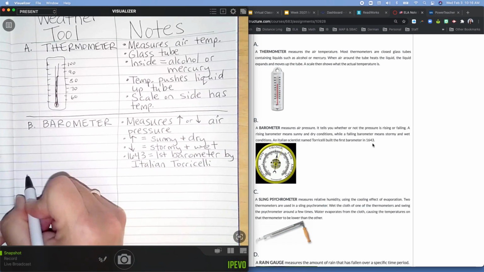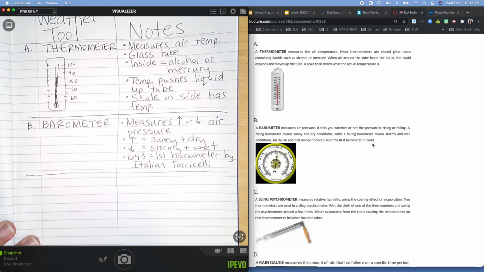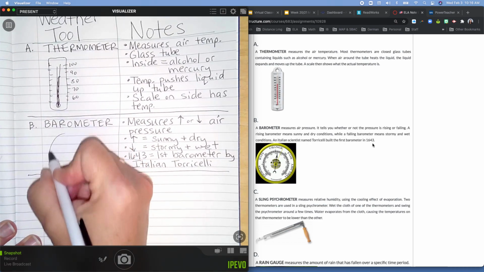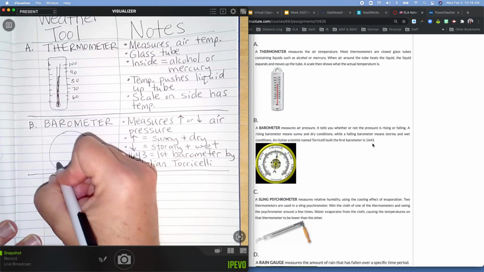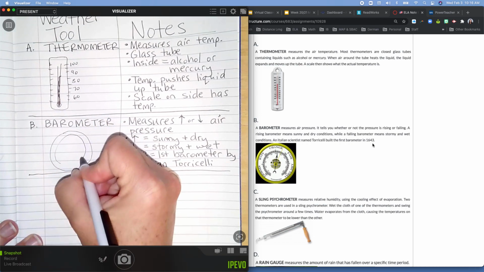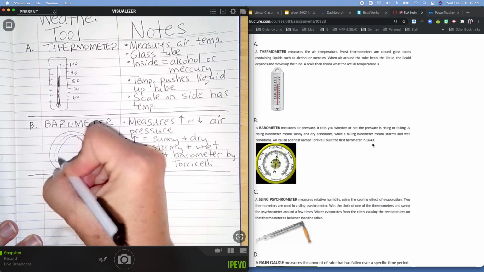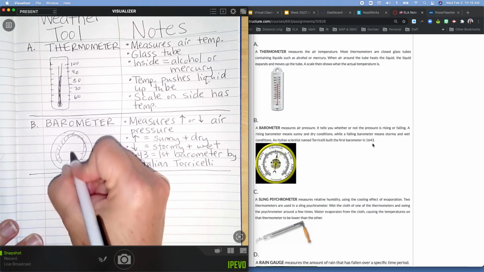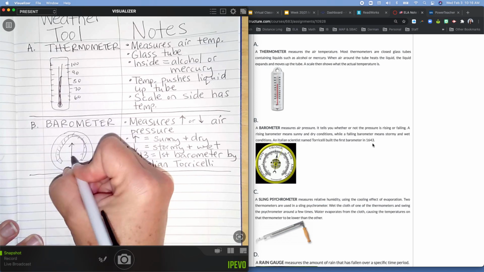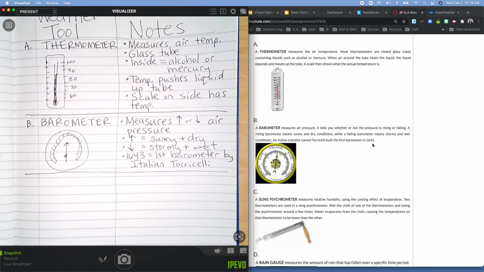Okay. Now I'm going to draw a picture, and this is a round tool. It has some sort of, looks like a scale around this part, right? Has like lines, and then there's like an arrow, a dial that's going to change and go up and down there.